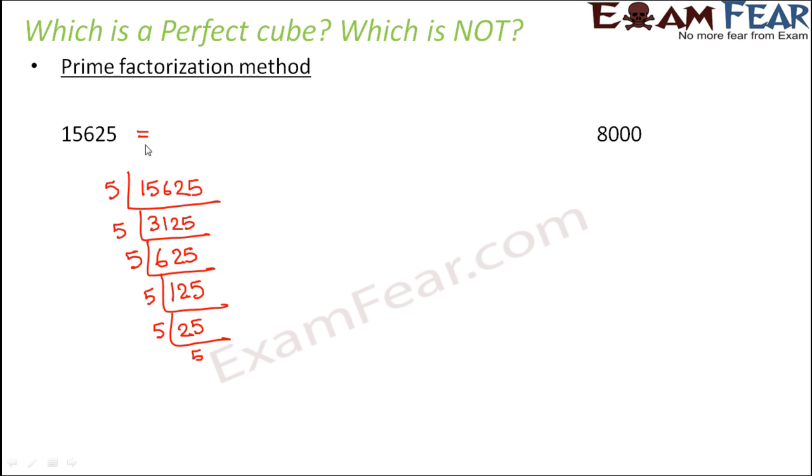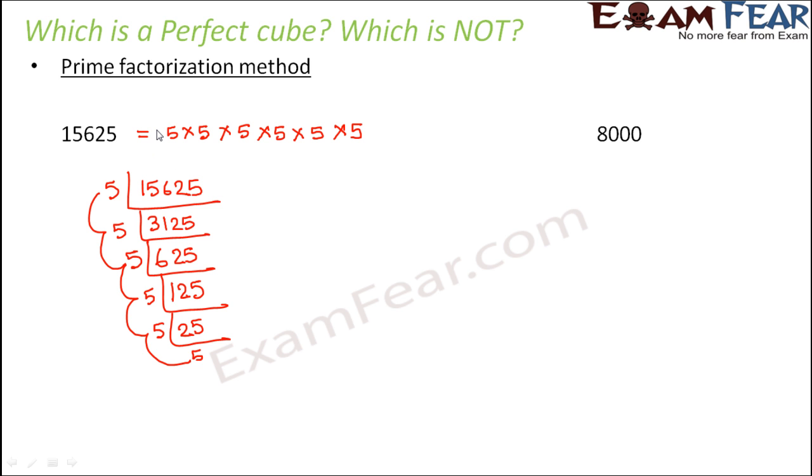So we can write 15625 is equal to 5 into 5 into 5 into 5 into 5 into 5. Basically 1, 2, 3, 4, 5, 6, so 6 fives. It is a product of 6 times 5.